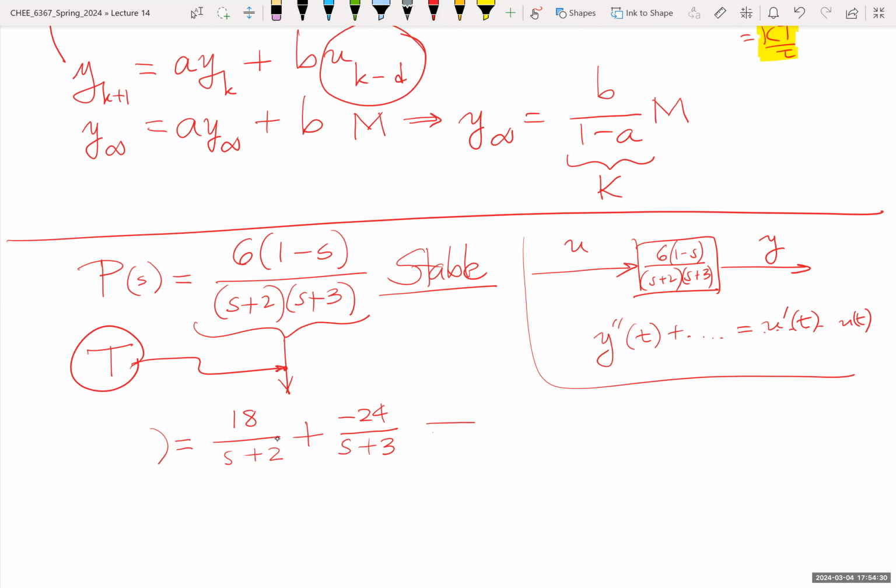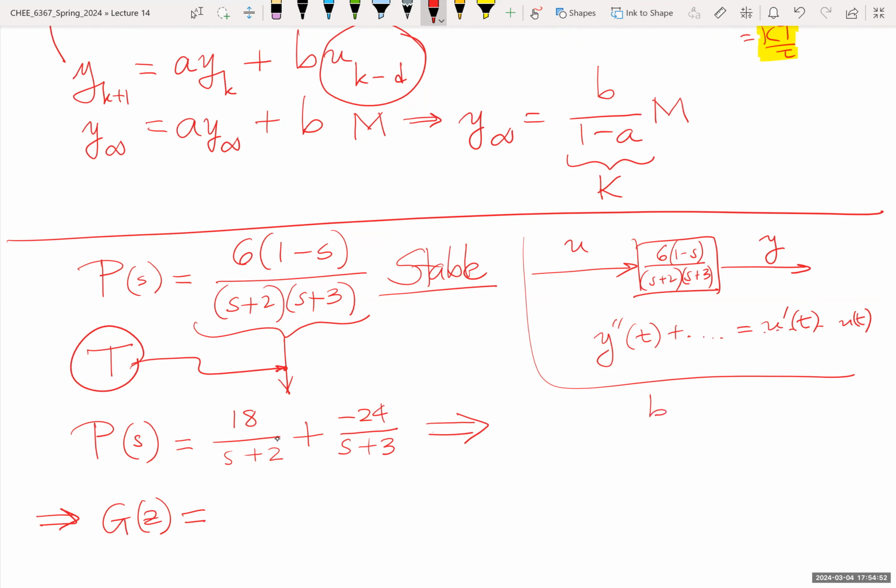Okay. All right, then that means, so this is P of S, which implies that G of Z now is going to be equal to the formulas that I have in equation 31.